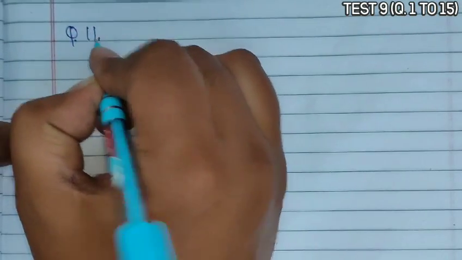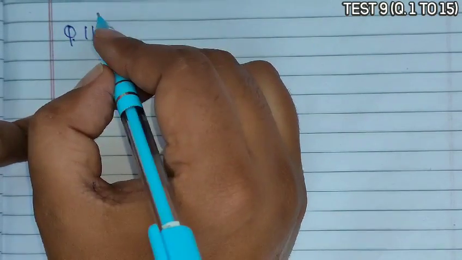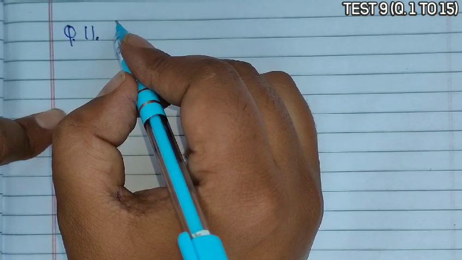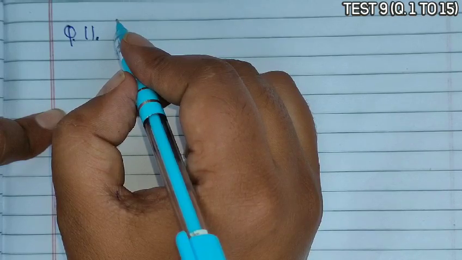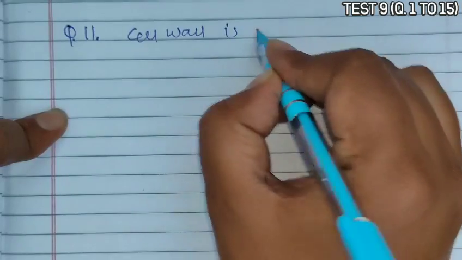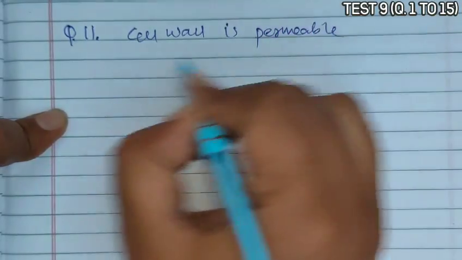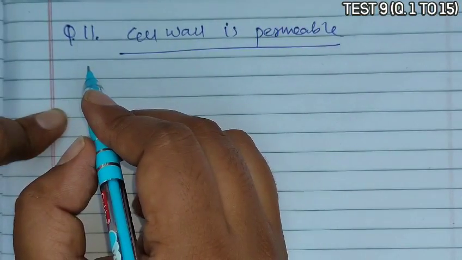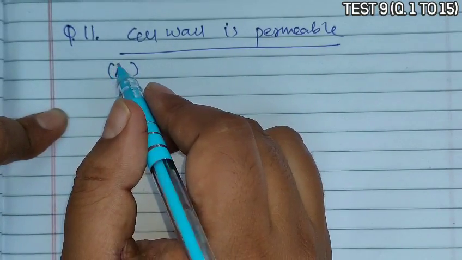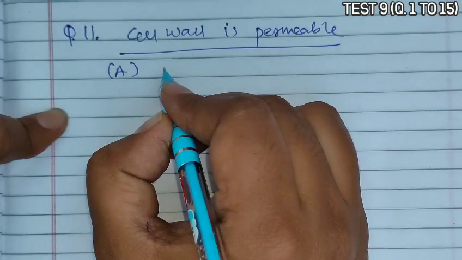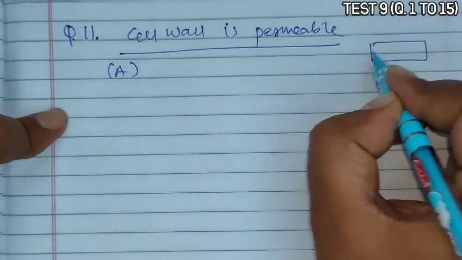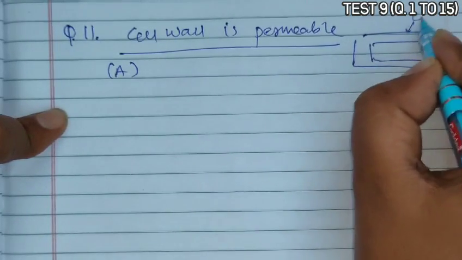Next is question 11. Question 11 asks that the cell wall is a permeable and not a semi-permeable structure. This can be best deduced from the passage of water and mineral salts from. So cell wall is permeable. That can be best deduced by option A, soil into periplasmic space of a root hair. The periplasmic space is the space present between the cell wall and cell membrane.